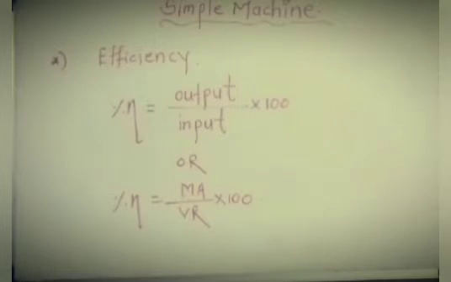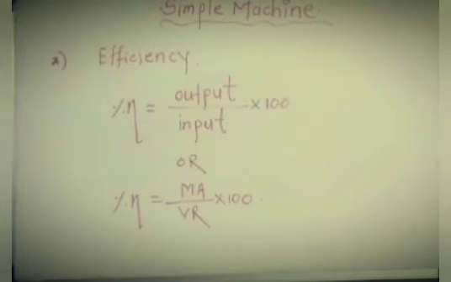Yes, next is the efficiency, a very important term, because whenever we analyze any function, any machine, any force, any component, we must know how efficient that machine is. Because if I give you 100% and you take 90%, that means you are 90% efficient.